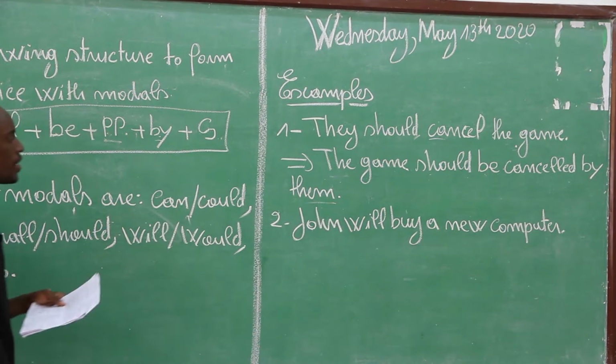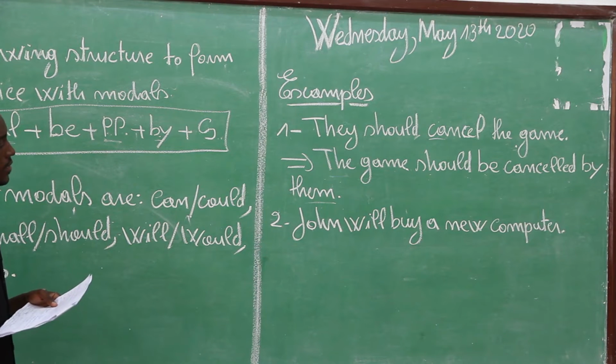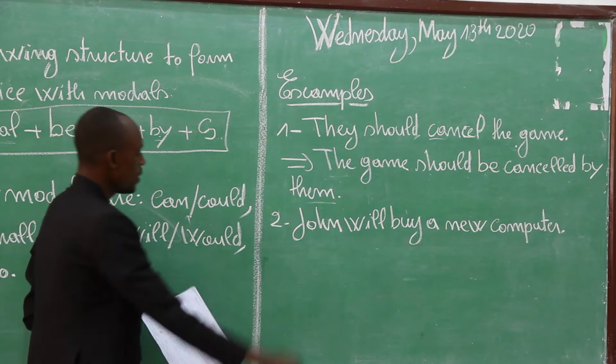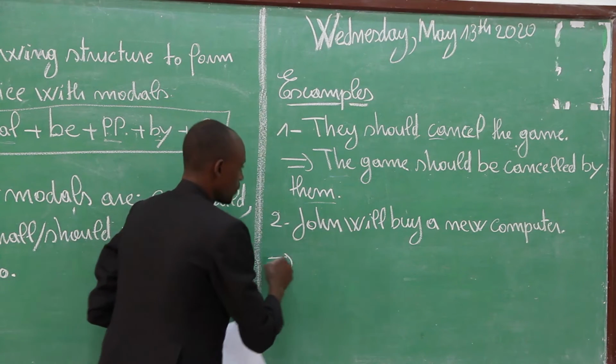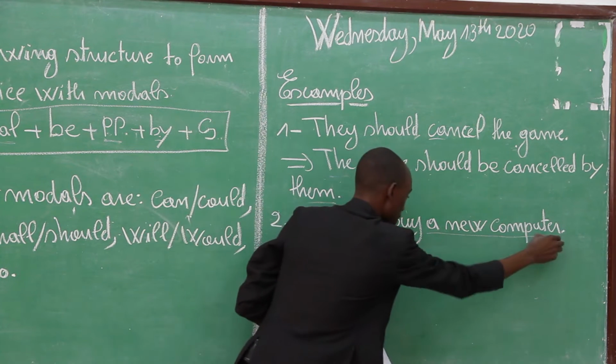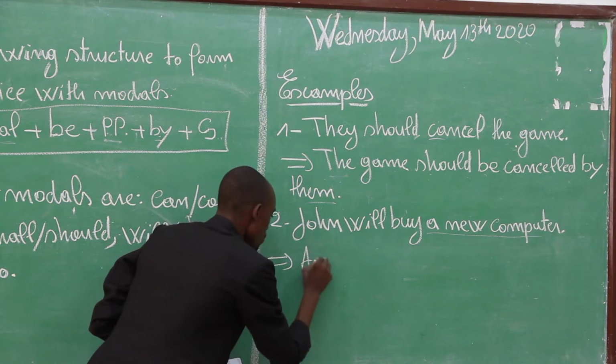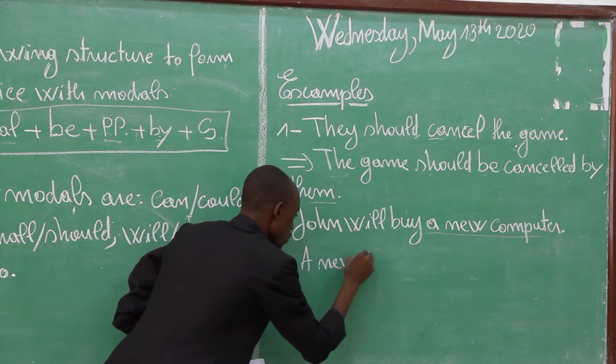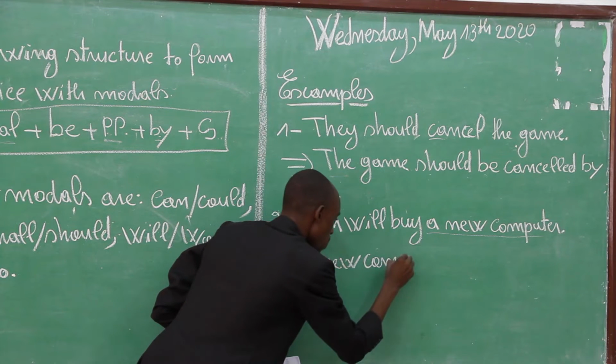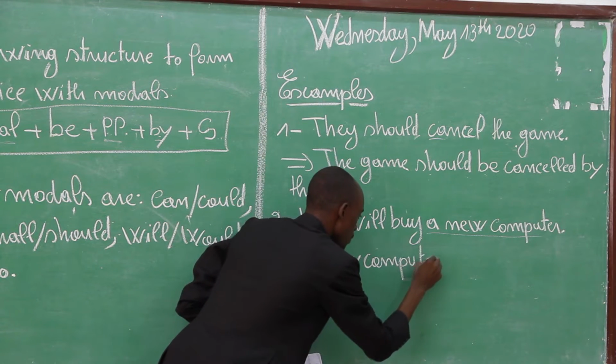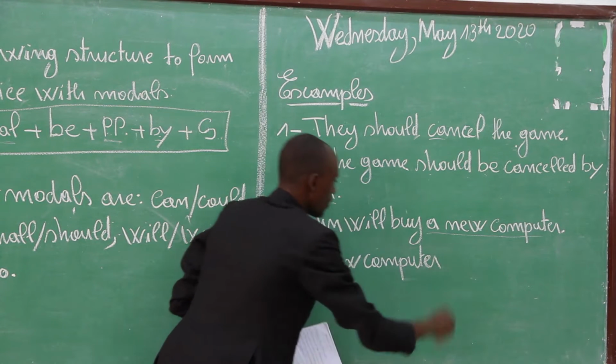John will buy a new computer. This sentence is in active voice. And in passive voice we have, as the object is here, a new computer.